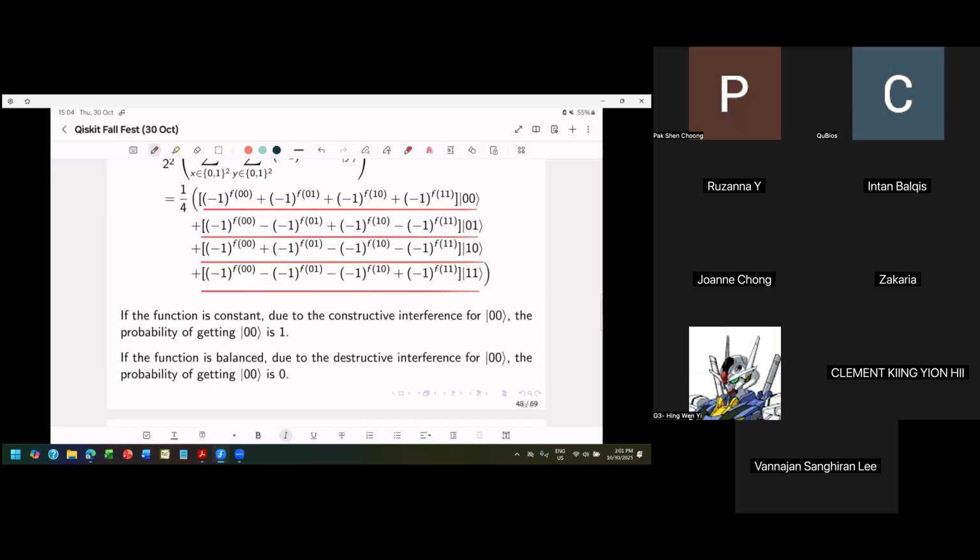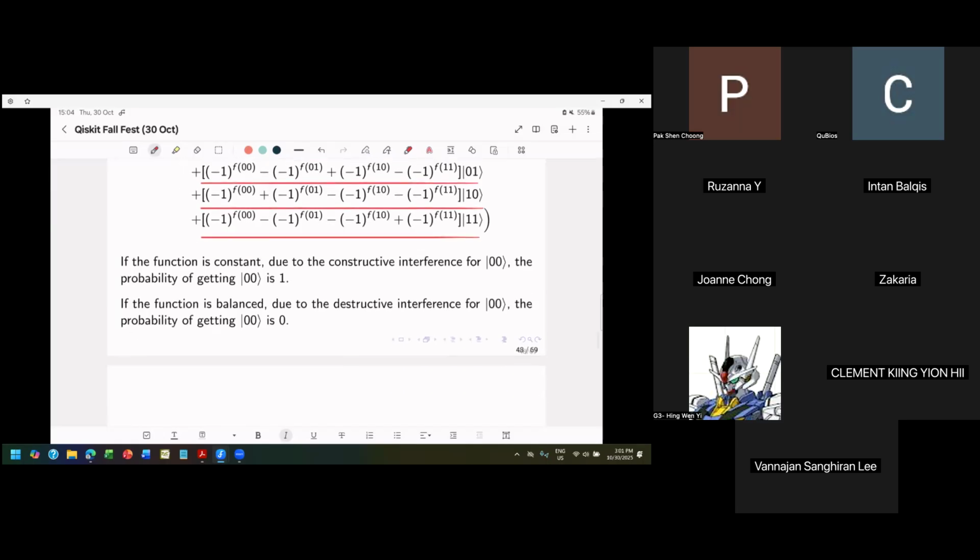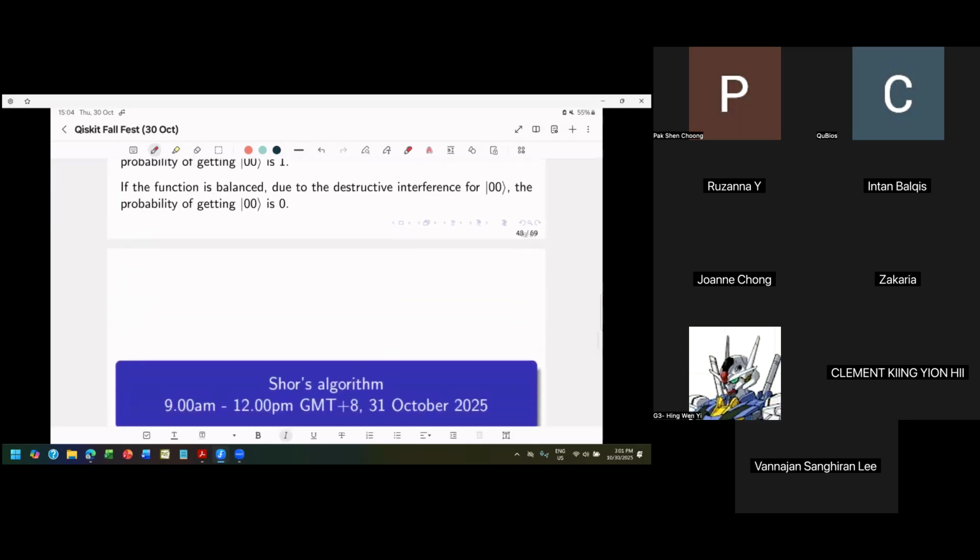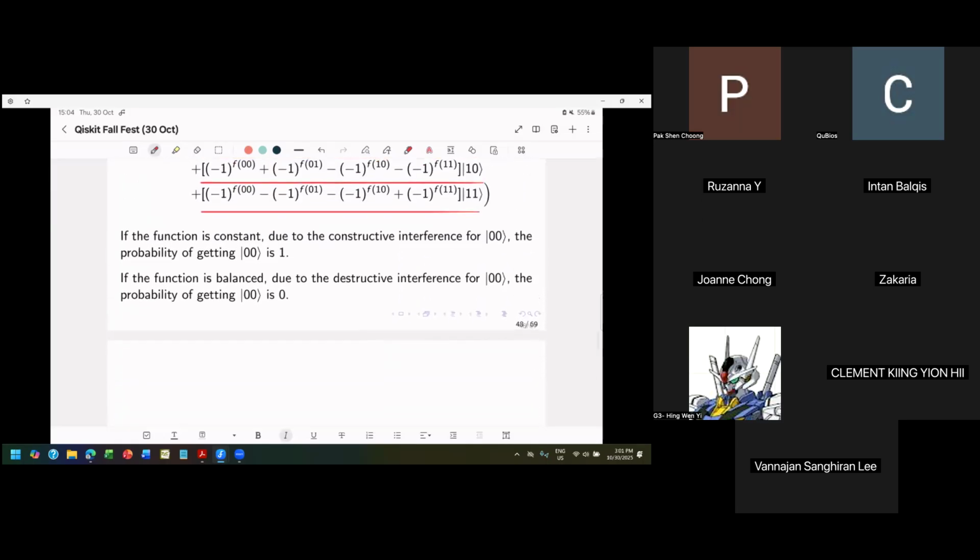In fact, for n qubits, you can always construct this particular algorithm, and you just need one oracle call. Okay. Yeah, I think that's all for this algorithm.